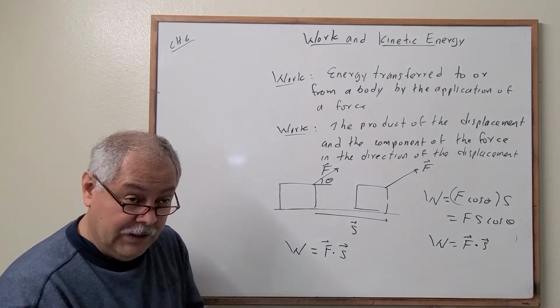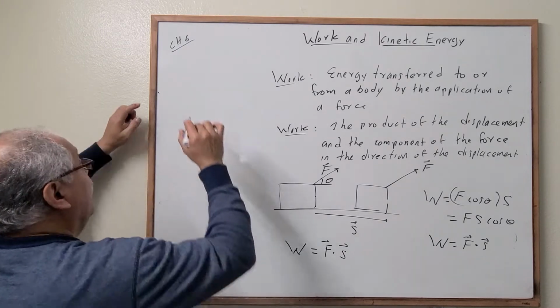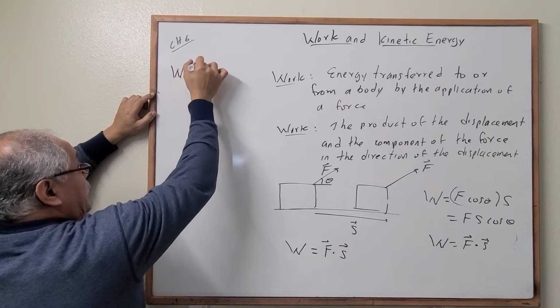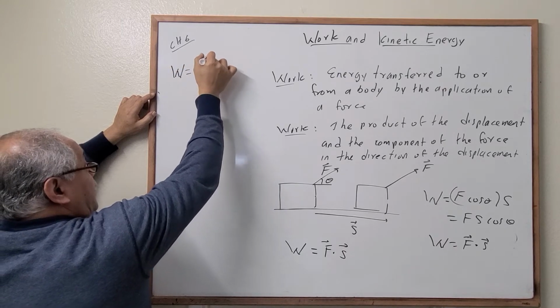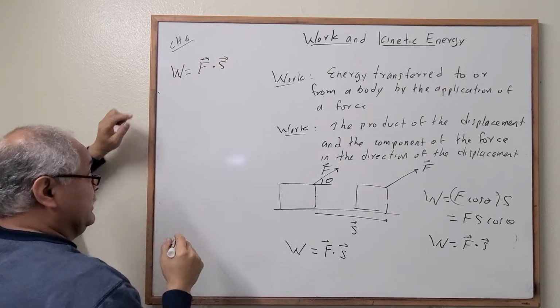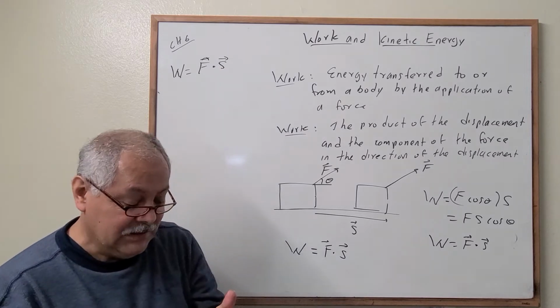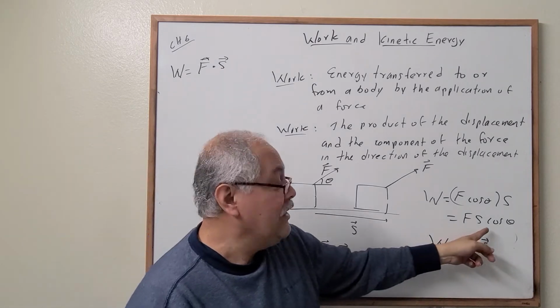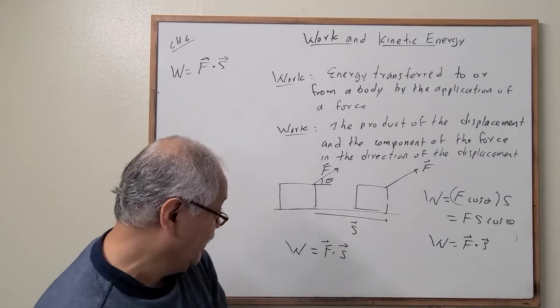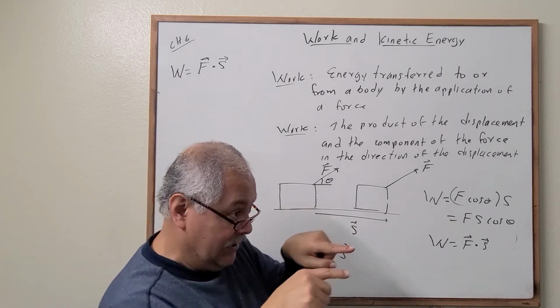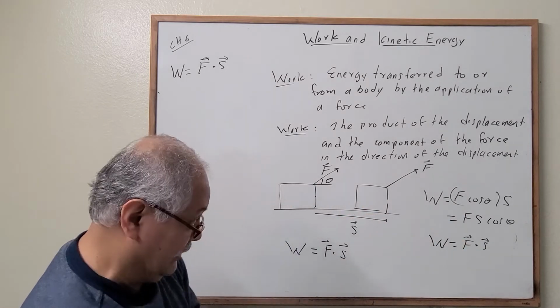So we have then the definition of work. What is the product of the force and the displacement? It is the dot product. It means that we are dealing with the component of the force in the direction of the displacement.